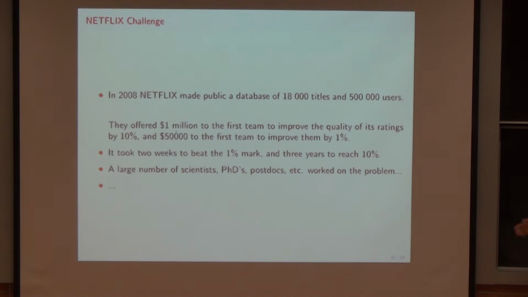I think that this is a famous story, and actually it took 2 weeks to pass the 1% mark and 3 years to reach 10%. This is a nice example because the prize itself, with respect to the resources engaged in solving the problem, was of course negligible.